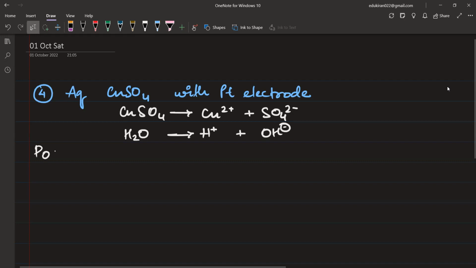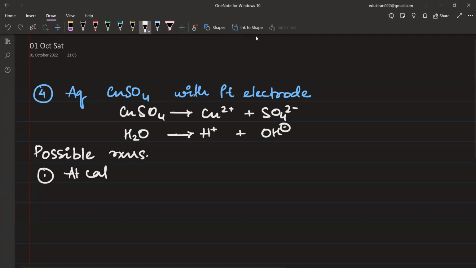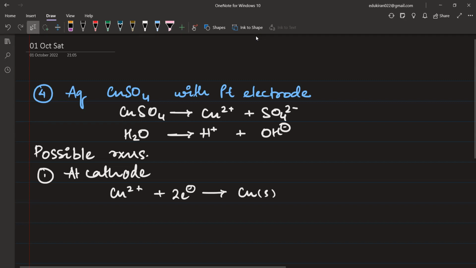Now, if I talk about the possible reactions, number one, at cathode, the possible reaction will be Cu2+. Since it is cathode, it will get reduced to copper. And we should know that this is a noble element, not a reactive element.